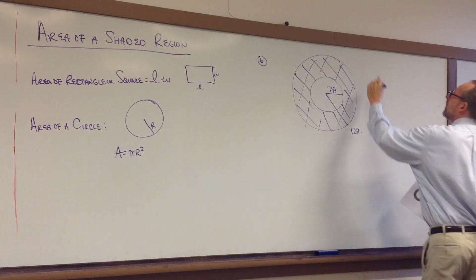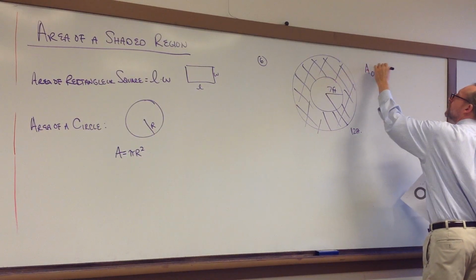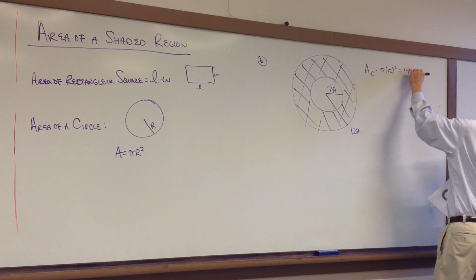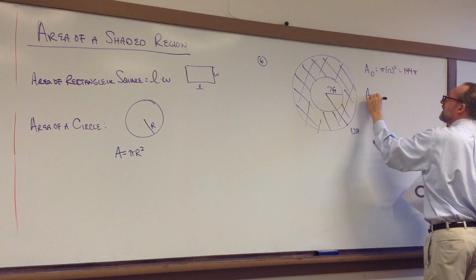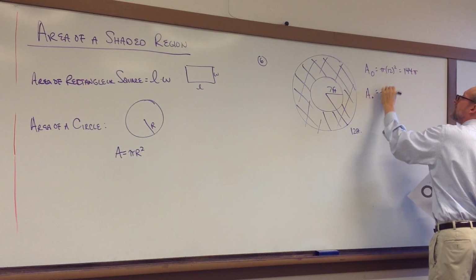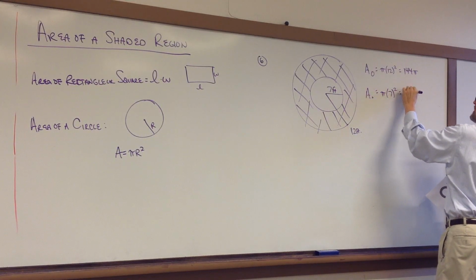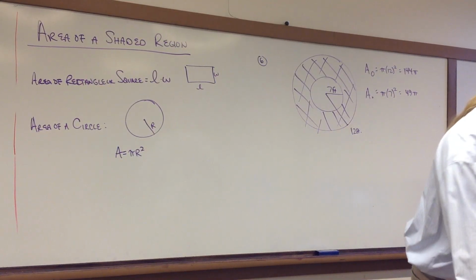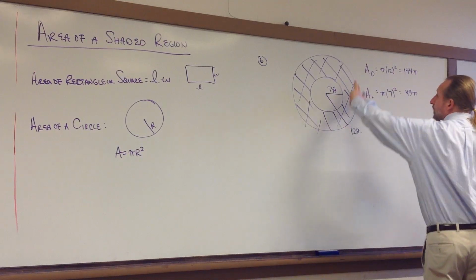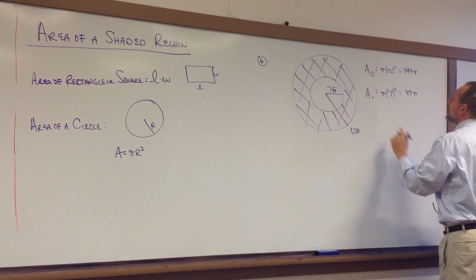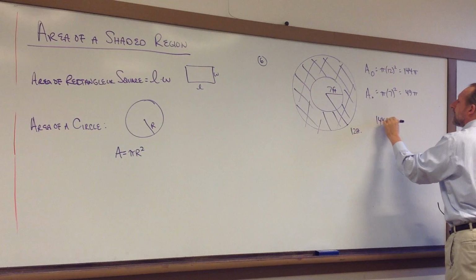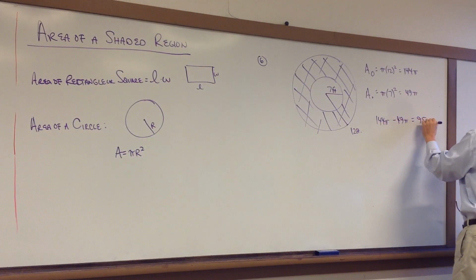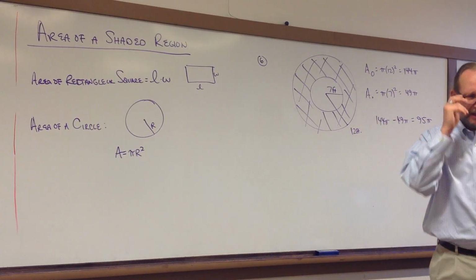Okay? So our area for the big circle is pi times 12 squared, 144 pi. The area for the small circle is pi times 7 squared, or 49 pi. And so if we want to know what's the area of this donut region on the outside, we'll have to do 144 pi minus 49 pi, and that gives us 95 times pi.